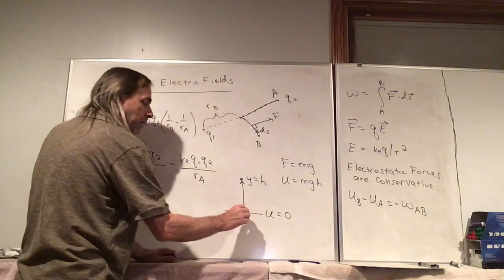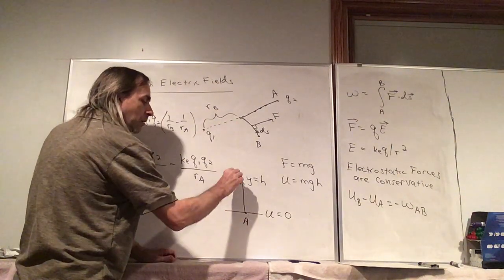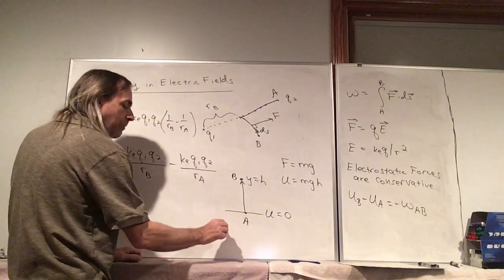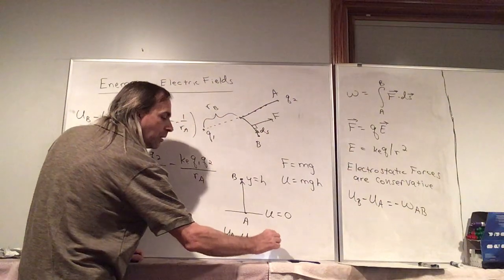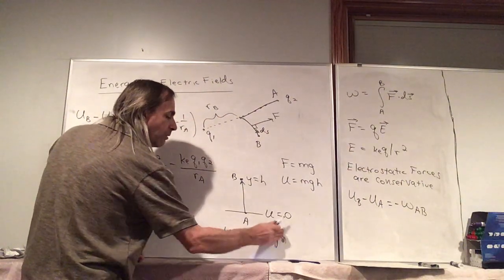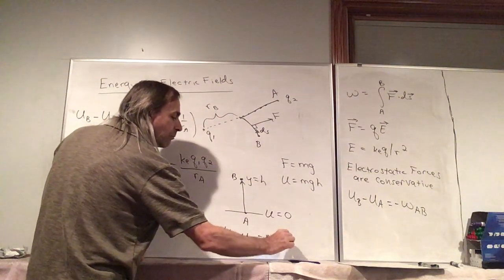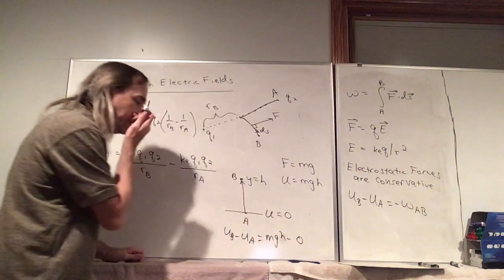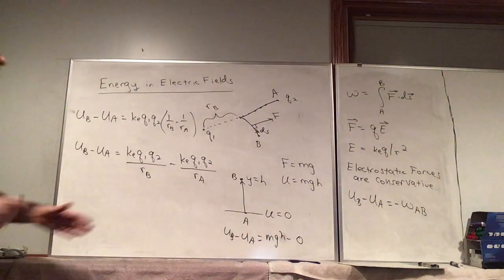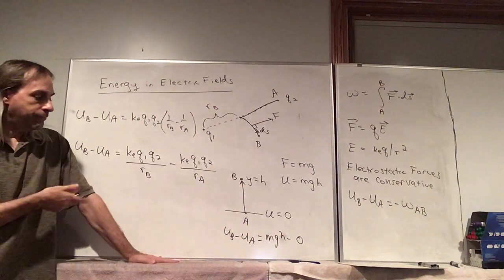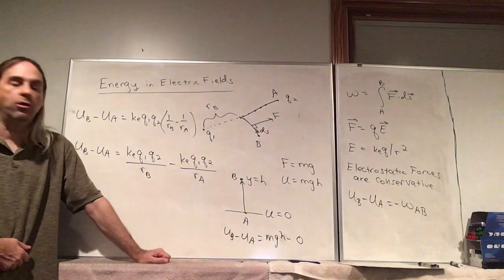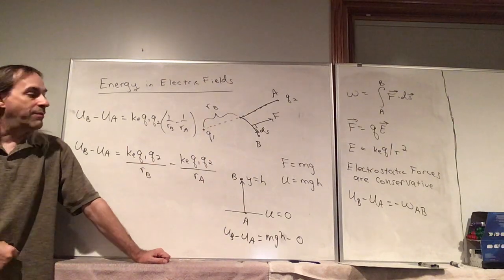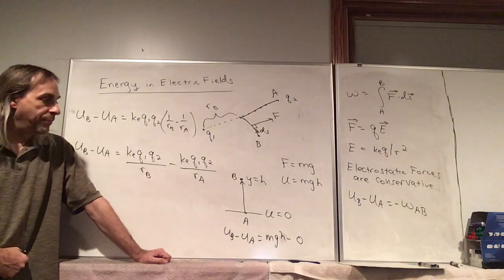So let's do that. Say we start at A. And so what we get from our formula is UB minus UA equals mgh minus 0. We just pick this reference level where the ground is a very convenient reference level.